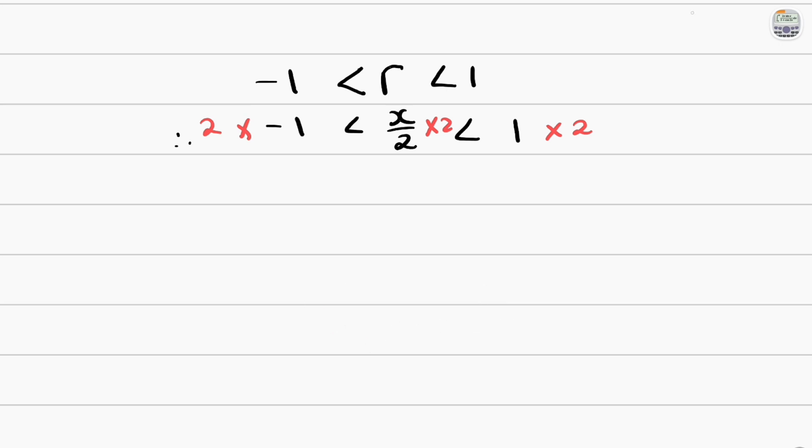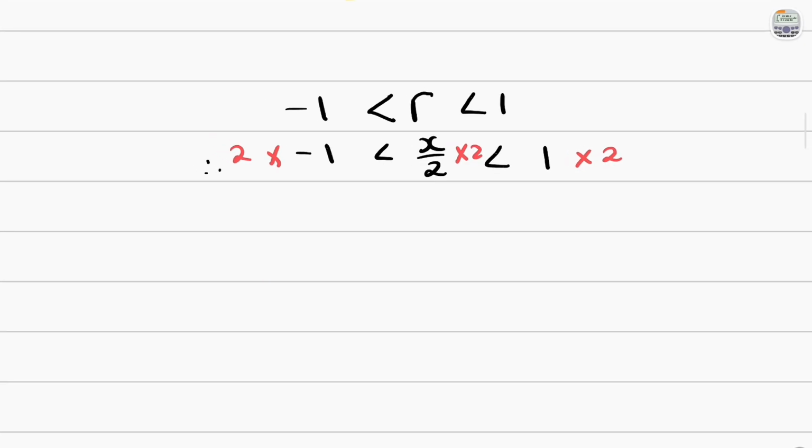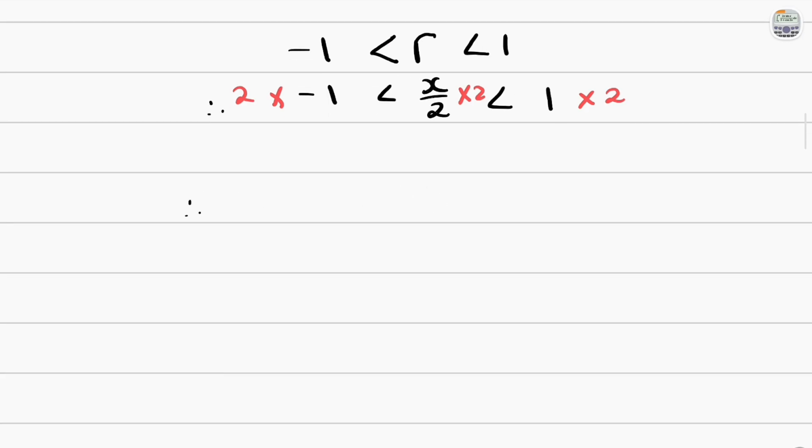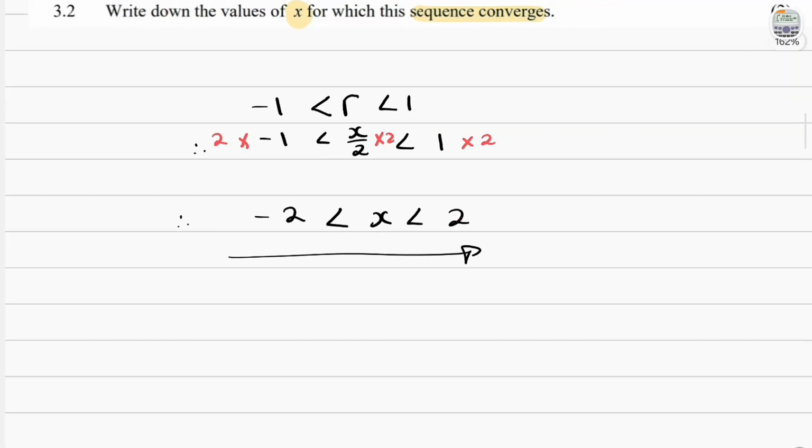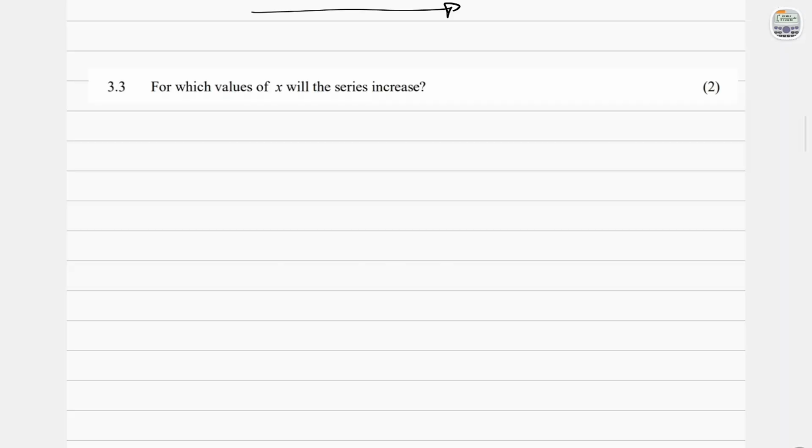So it's still two inequalities, where r is greater than -1 and r is less than 1, but it has been put together. So this is what we have, and we're solving for x. Therefore, x is greater than -2 but less than 2. The signs do not change because we did not multiply or divide by a negative value, and that is our answer. Moving on to the next question.